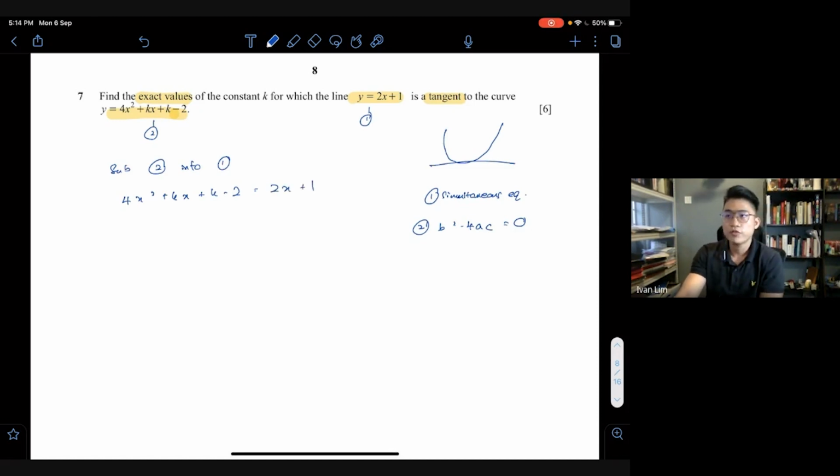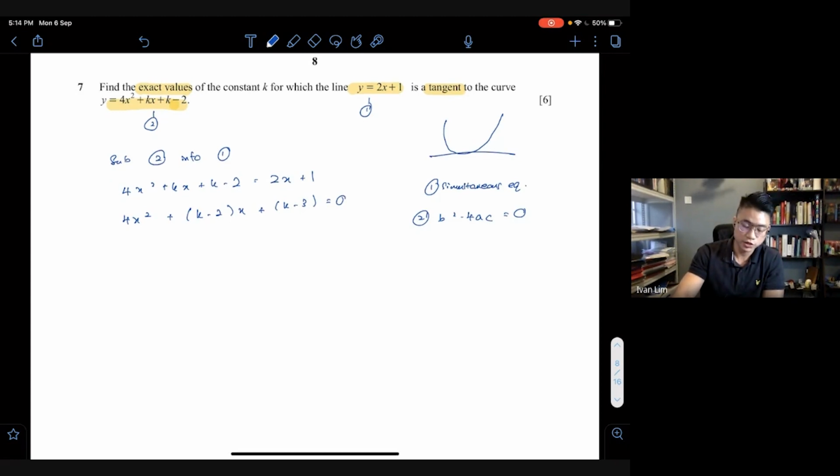I move everything to my left-hand side and group together my ax squared plus bx plus c. So you get 4x squared plus (k minus 2)x plus (k minus 3) equals 0. So our simultaneous equation, the first part, is done.